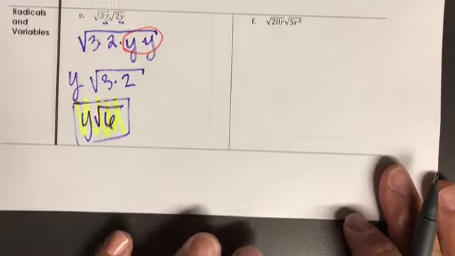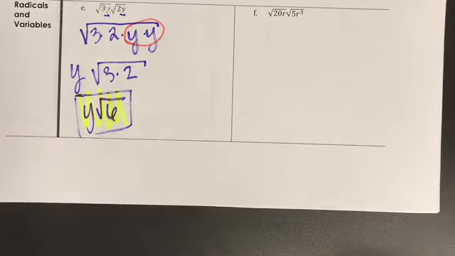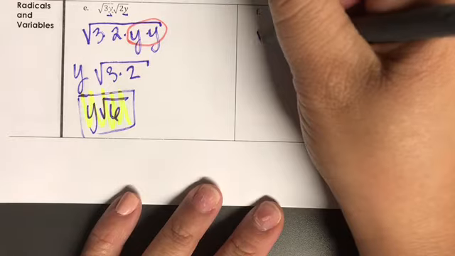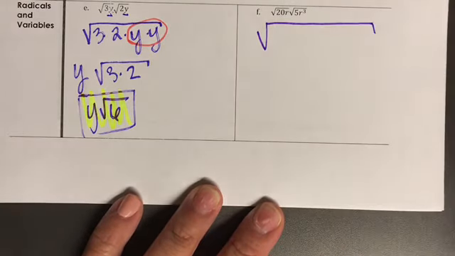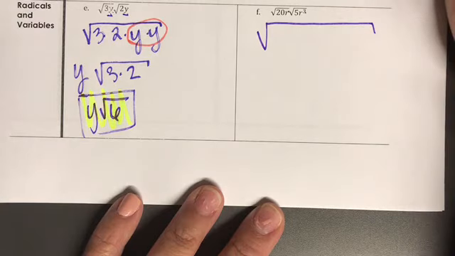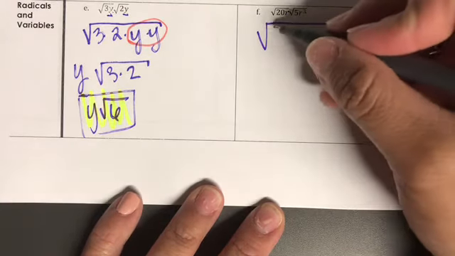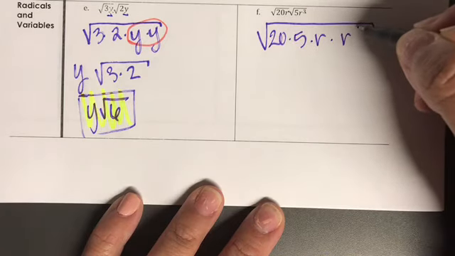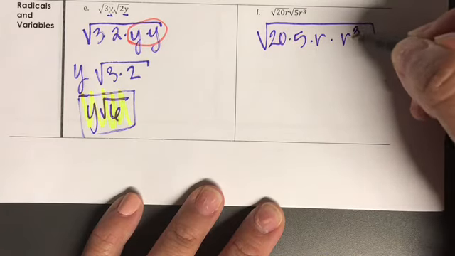Let's go ahead and look at f. F is the square root of 20r times the square root of 5r cubed. So when I have a pair, I know that I'm going to have an even number of things. So let's say 20 times 5 times r cubed.